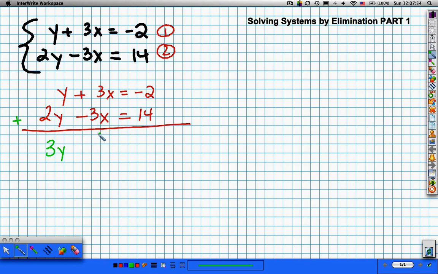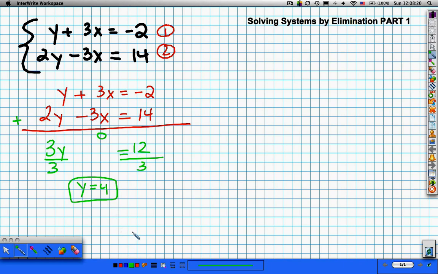And so this becomes 0. And negative 2 plus positive 14 is positive 12. So now if you look at our equation, we have 3y equal to 12. Well, we can solve that easily by dividing by 3. Y equals 4. So we eliminated the x term first so we can solve for y.